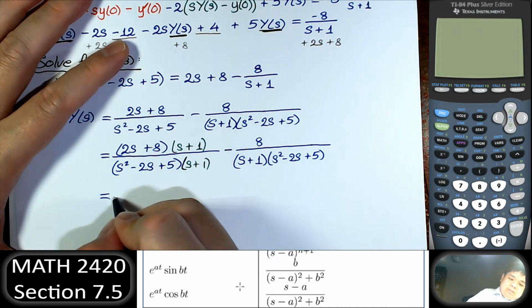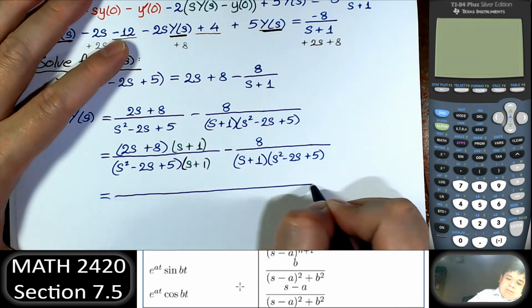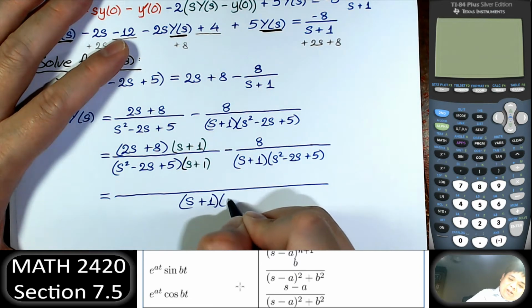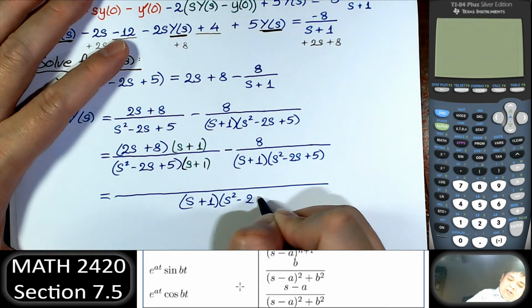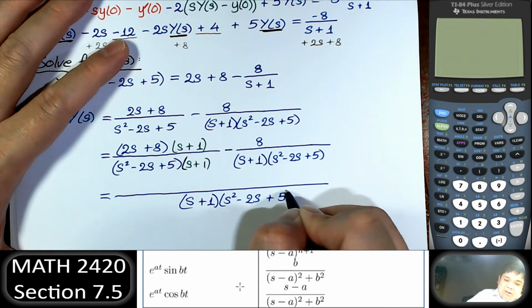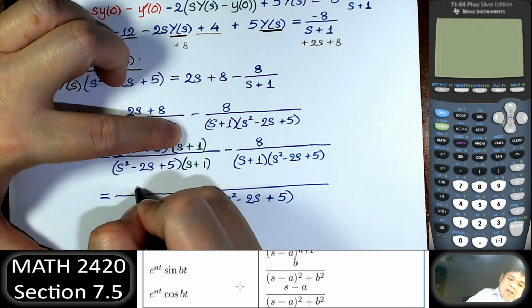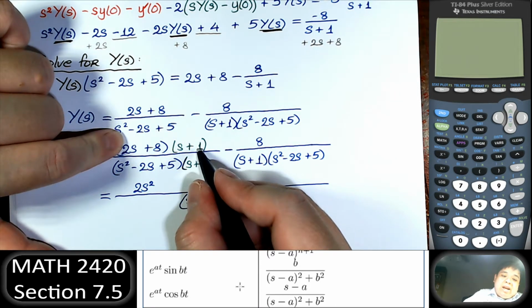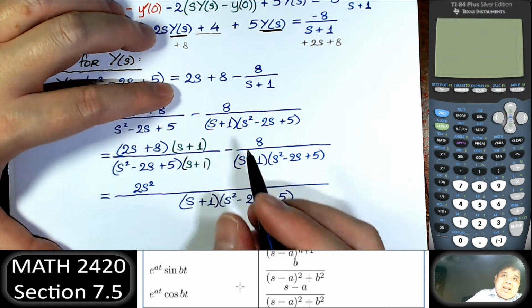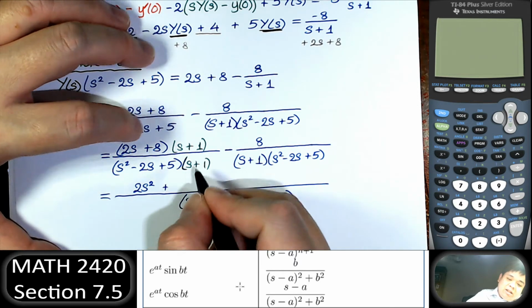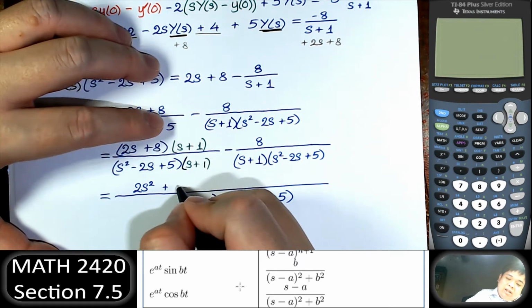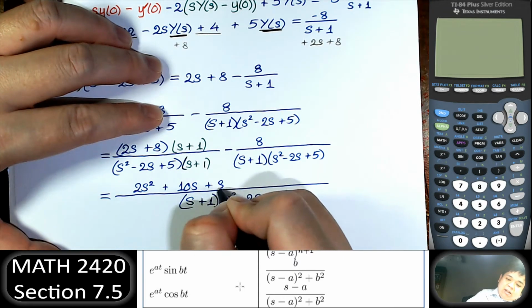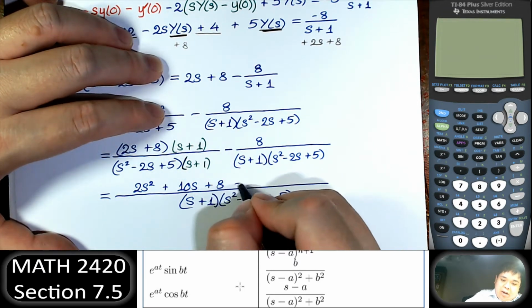Right. Common denominator. Right, 2s squared plus 2s plus 8s, that's plus 10s, 2 and 8, 10s, then plus 8 minus 8.